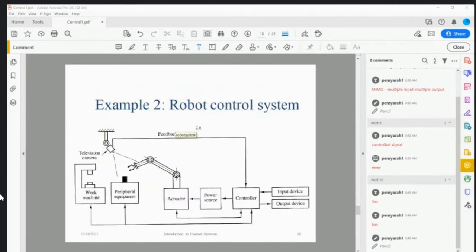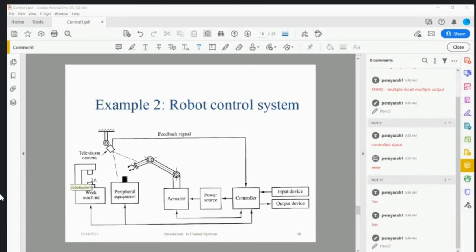Okay, then we have a robot control system. For this example, the robotic arm here will need to pick up something, a device maybe, a workpiece maybe, and then put it onto the work machine.